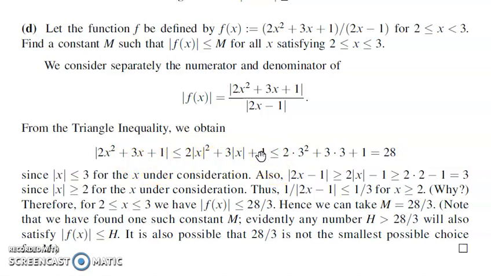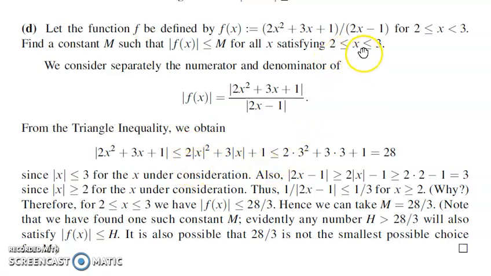So we have to find a number which is greater than or equal to this number. Keep in mind that the value of x should be in between 2 and 3. So we have to maximize this function.